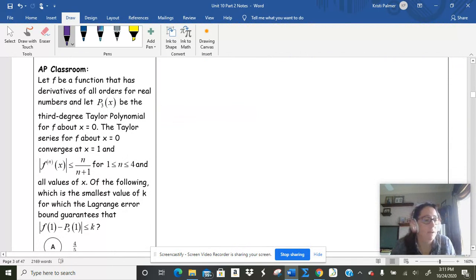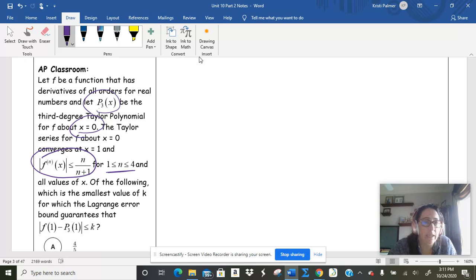All right, let's go to the next one. So here it says f is a function that has derivatives, and so on. Here we're going to the third degree, about 0. And here is what it says for all n between 1 and 4. This is what that derivative is.